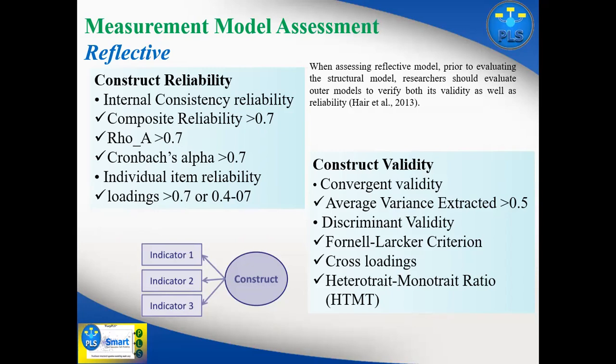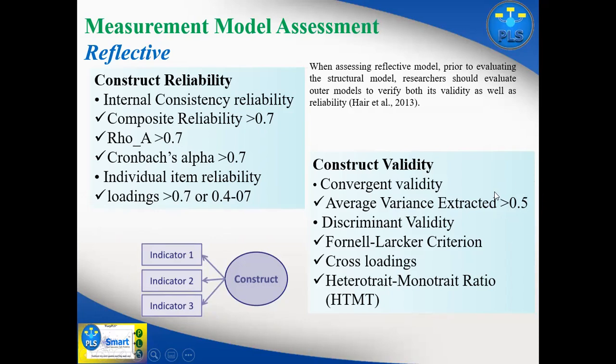0.5. What is AVE? We are saying all three indicators, that is loading of indicator one, loading of indicator two, loading of indicator three, you add them up, you divide by three, what it gives you is AVE.